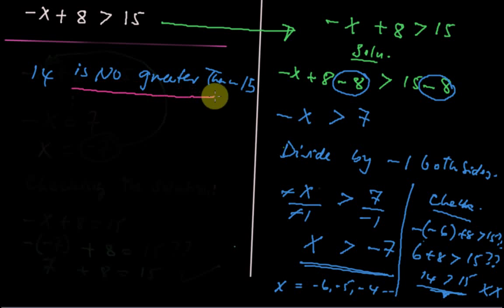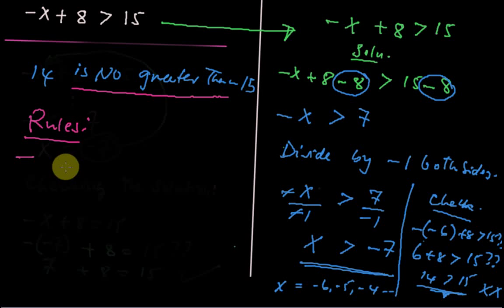So if it is not greater than 15, we have to obey some rules. Now we are going to write them.